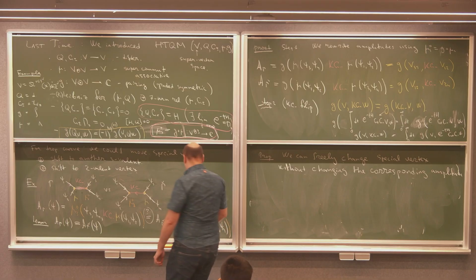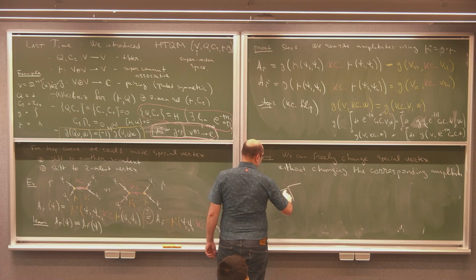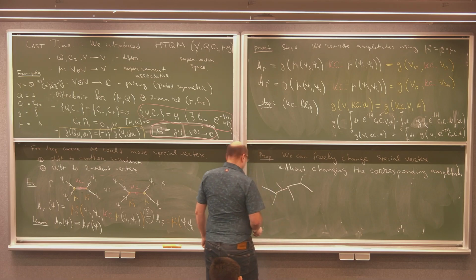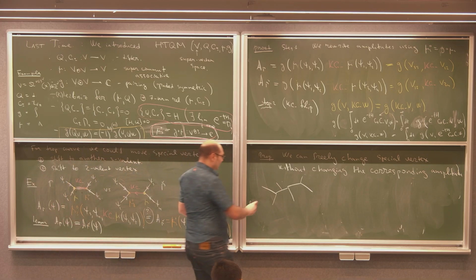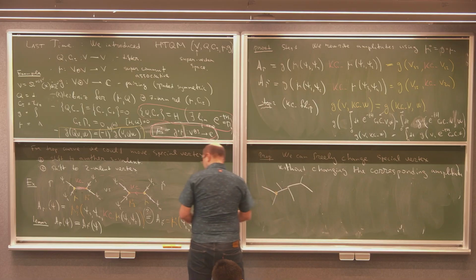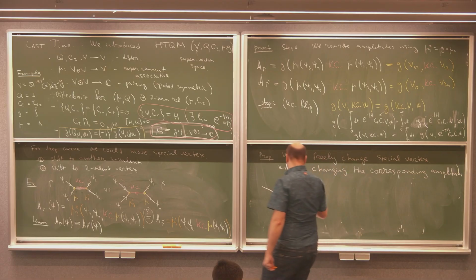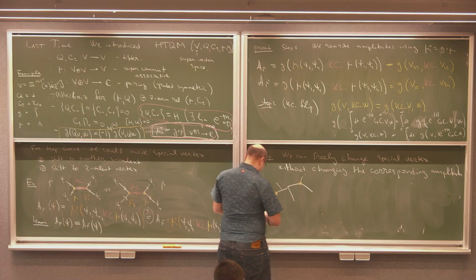So it means the following, that we have some graph gamma. Okay, let's bring it up. So that is our gamma, and let's say we have an orange vertex here, and some yellow vertex here.